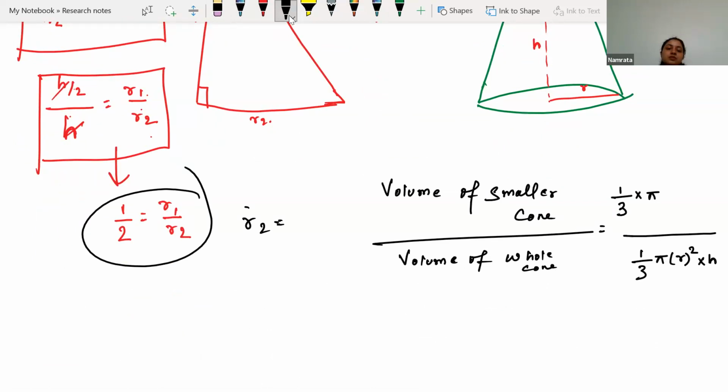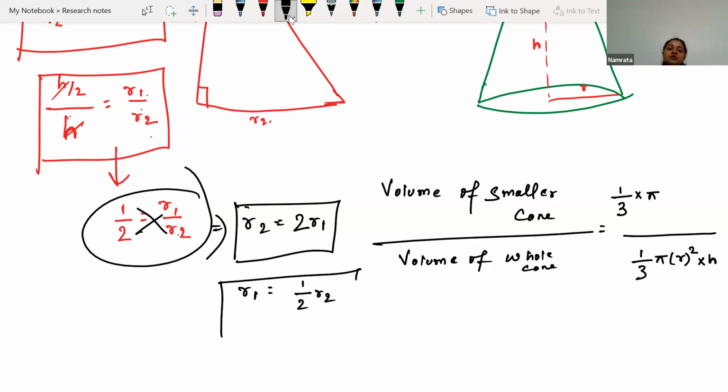From here, when we do crisscross, we get R2 equals 2 times R1. Or we can say R1 equals 1 by 2 R2. This is what we can say, either this one or this one.